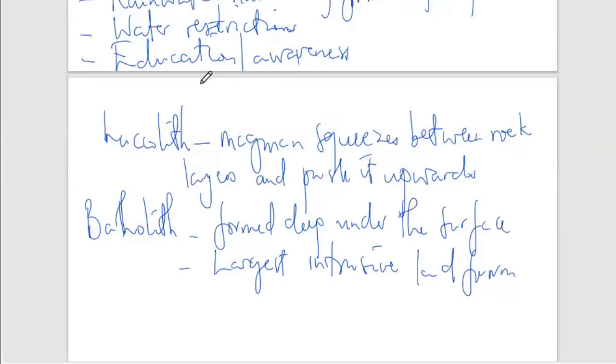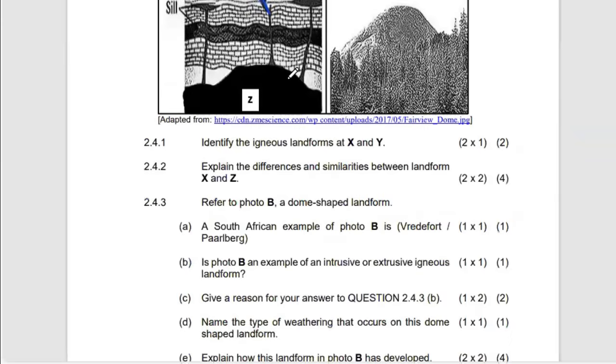Right. So basically, by looking at that, you can see that the distinction between these two is based on size. The batholith is the biggest of all intrusive. This one is very big compared to this one here in terms of size.